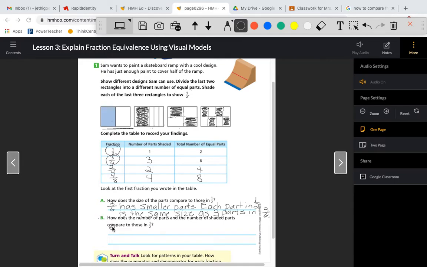So we're going to say that 3/6 has 3 times as many parts in the whole shape and 3 times as many parts shaded.